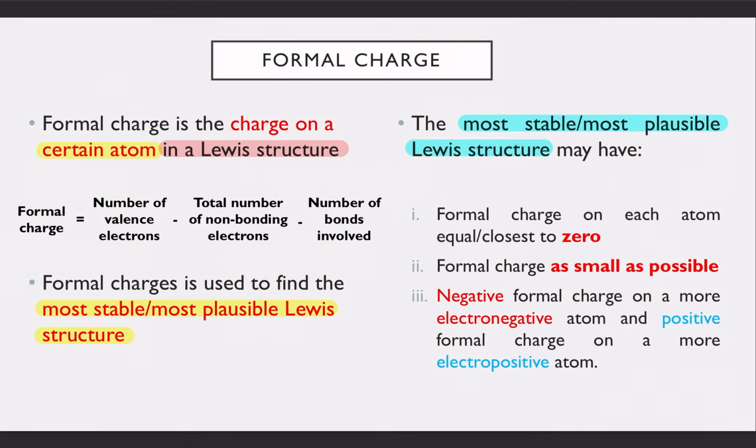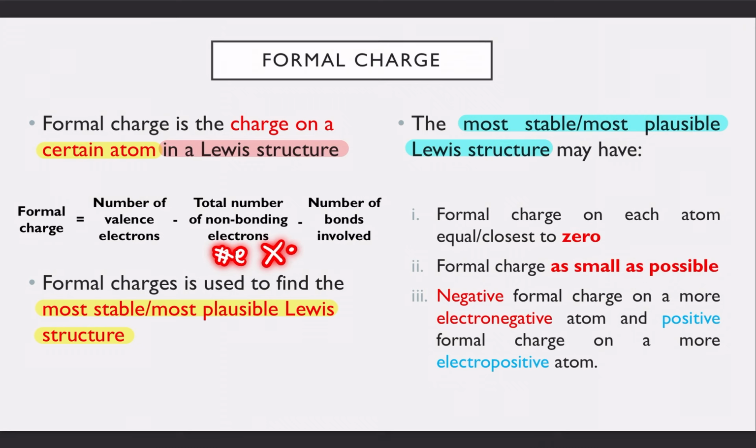Formal charge for, let's say, element X will be the number of valence electrons for element X. So you need to know which group your element X is in, and then minus the total number of non-bonding electrons. That means your lone pairs, the number of electrons around your X atom.